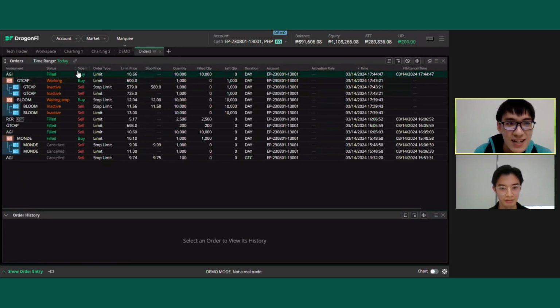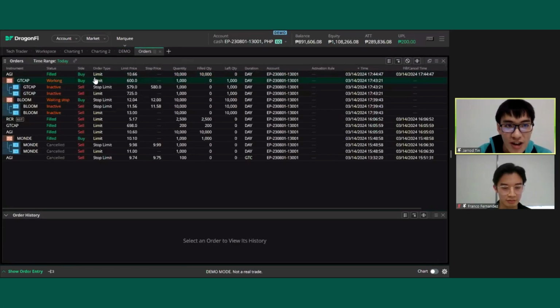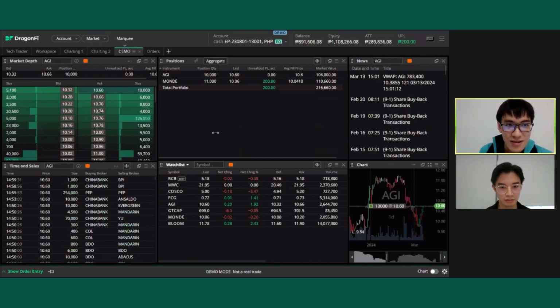So when you check it there, it's filled already. See, right? The price right now is at 10.60, but when you bought, it was at 10.66. So you bought it up basically. That's why you got filled. So you can see here, your price is filled already. Okay? So let's say you want to sell it. Let's say you don't want to hold it anymore. So press this.